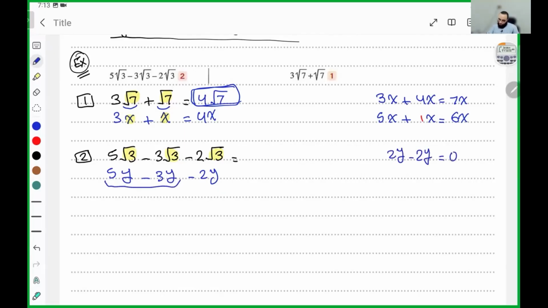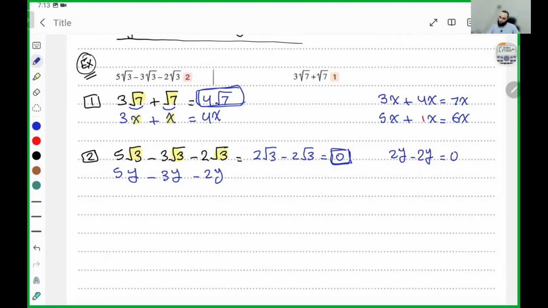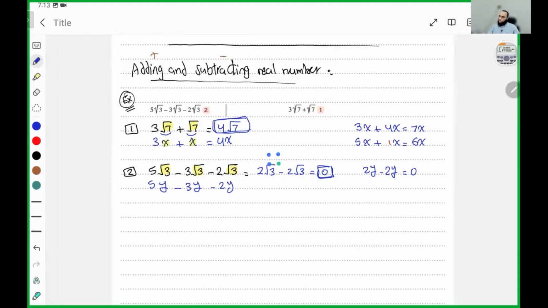Then this part, 5 minus 3 equals 2, and then 2 minus 2 equals 0. It's the same. 5 root 3 minus 3 root 3 is going to be 2 root 3, minus another 2 root 3, then it's going to be 0. Okay? Thanks.